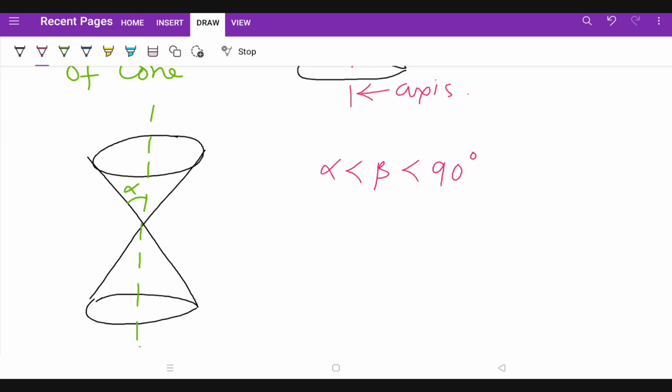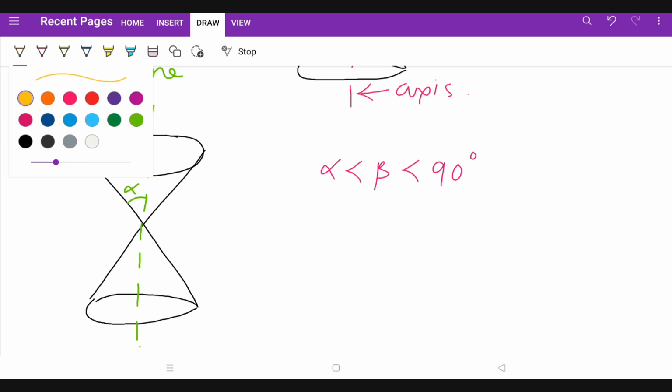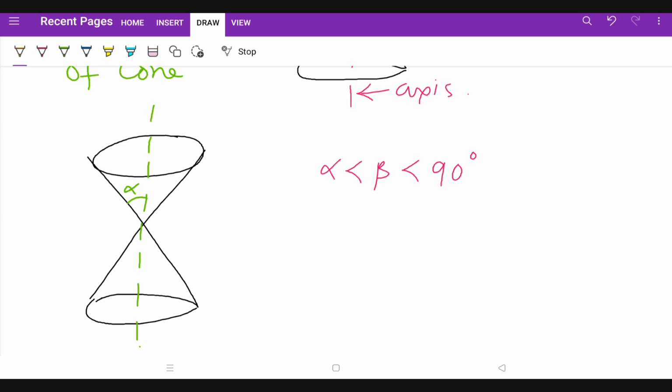Now look at the plane here. Beta is less than 90 degrees, right?